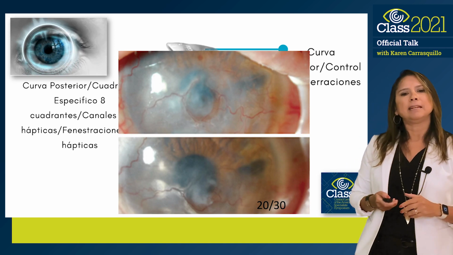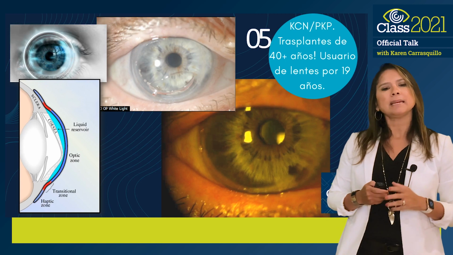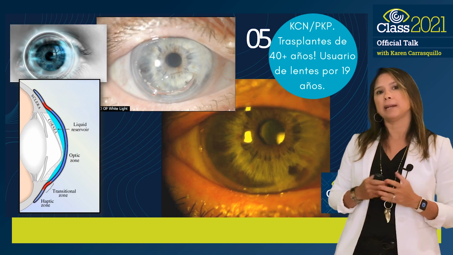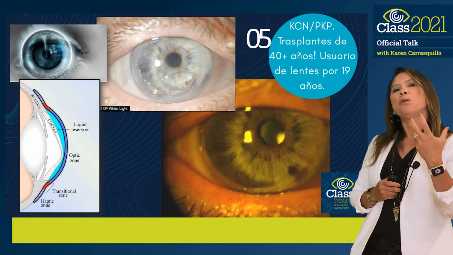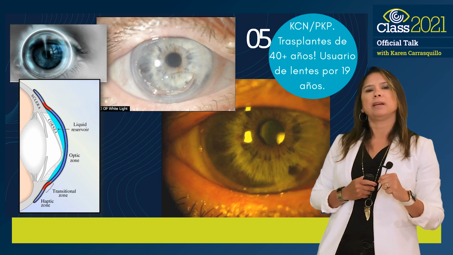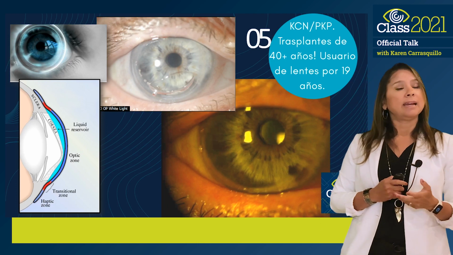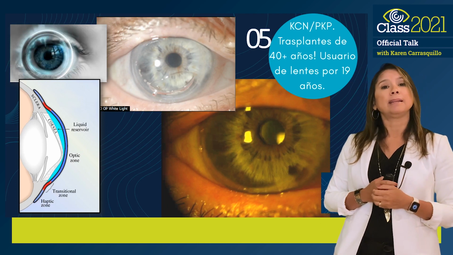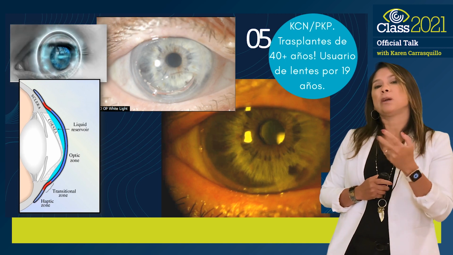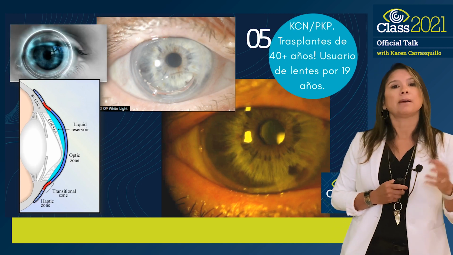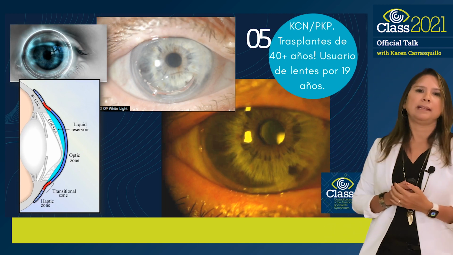I already told you about this other case. This case is a case of keratoconus, where we are also going to see how, by minimizing the suction, we are pushing the limit of what we can achieve with our patients. This patient has original transplants of almost 40-something years old, where we know that the vision is going to deteriorate over time.